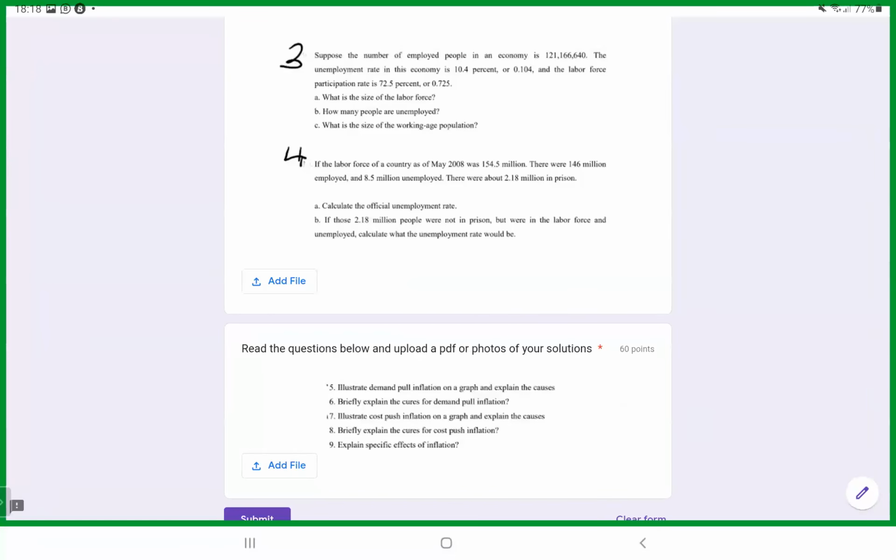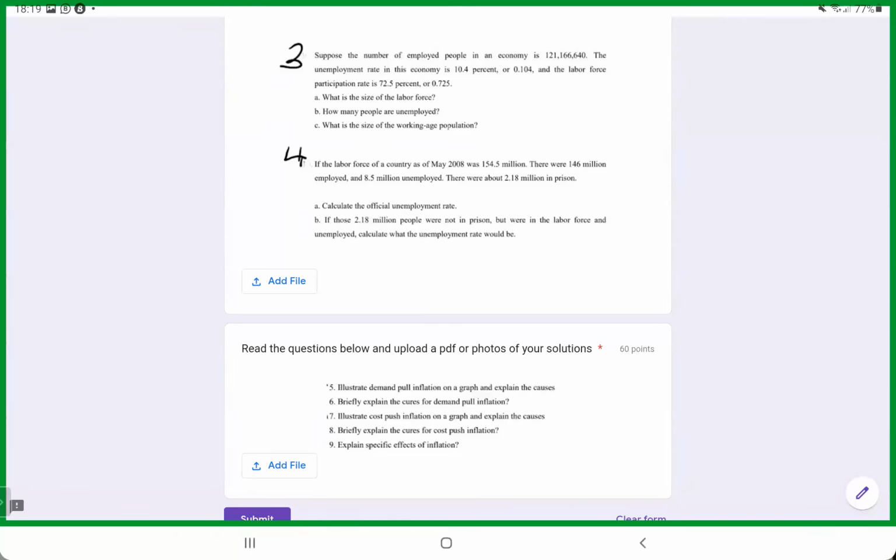We're given the labor force, the 146 million employed, and the 8.5 million unemployed. So let's write the people who are unemployed: 8.5 divided by the total labor force.